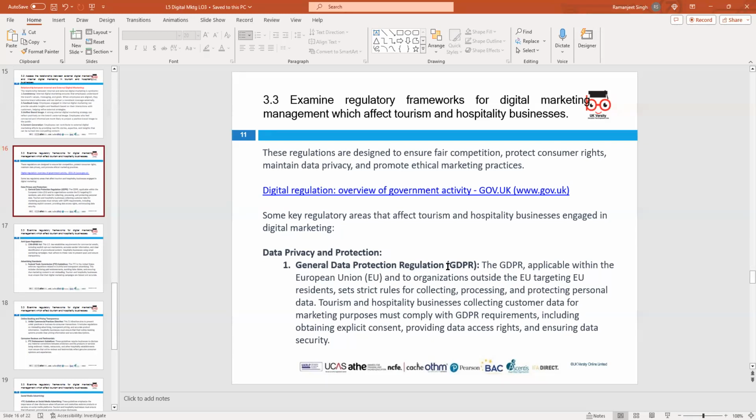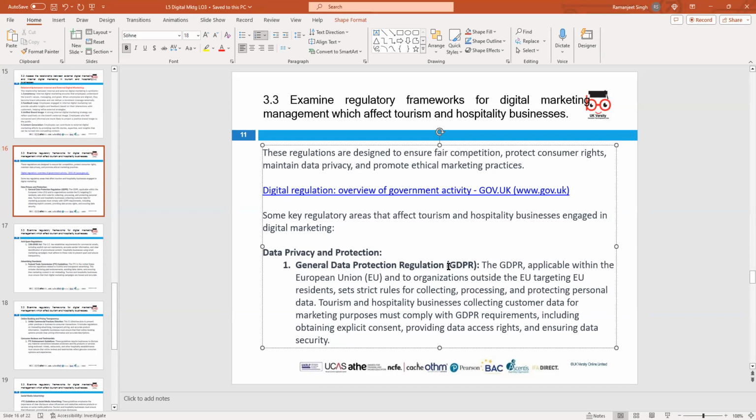It's one of the biggest data protection and privacy laws over the years, and it's applicable throughout the European community. It also affects organizations throughout the world, because it wants people to be safe.